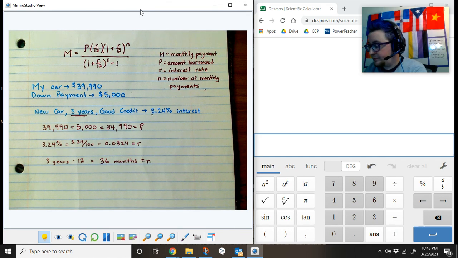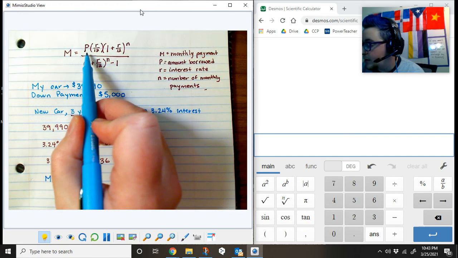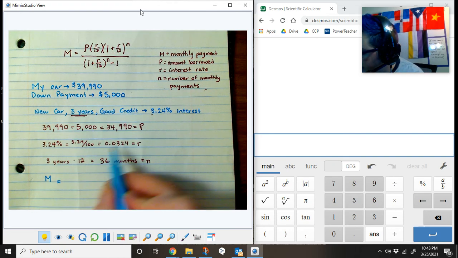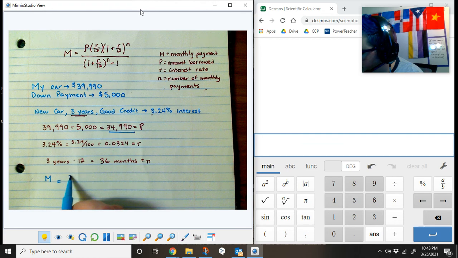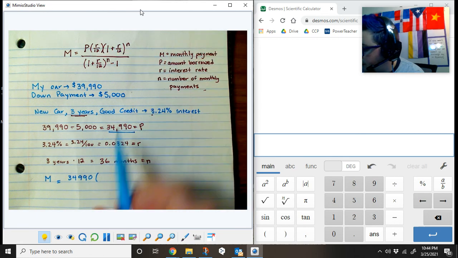So here we go. All right, it says my monthly payment is equal to P. My P is right there, 34990 times R over 12.